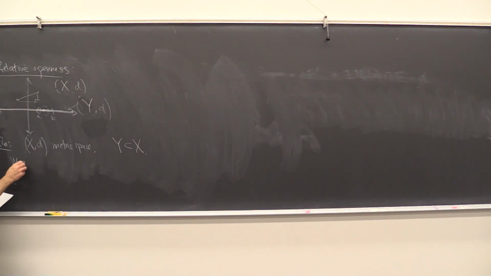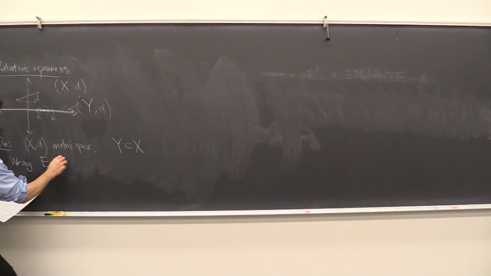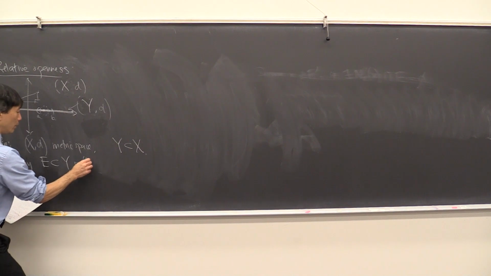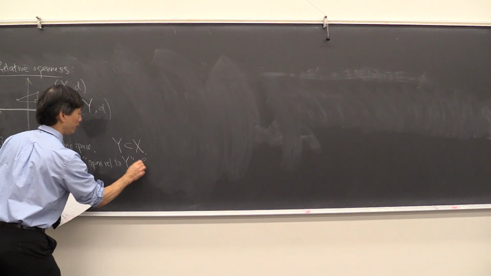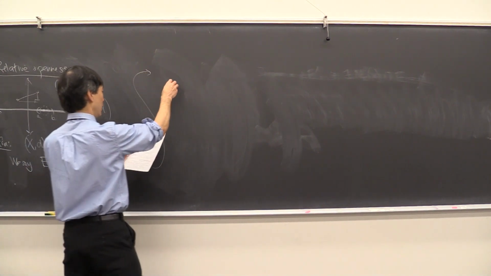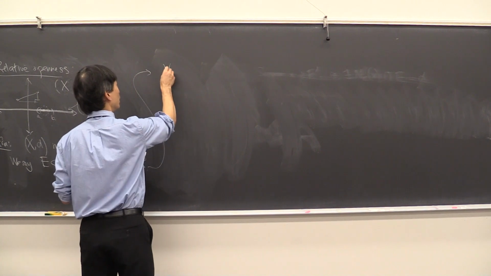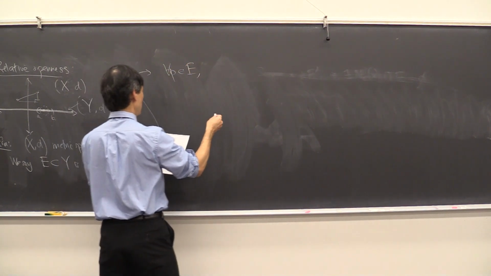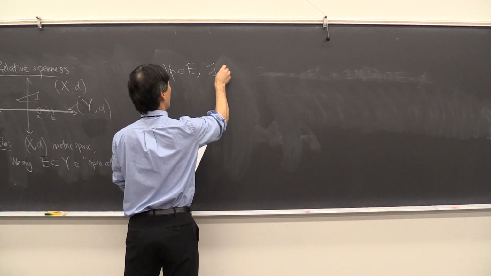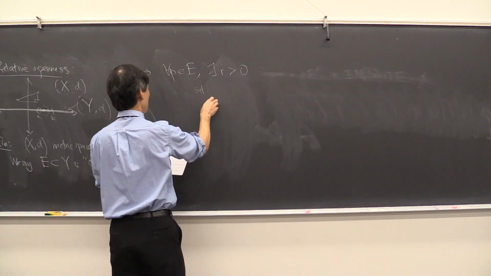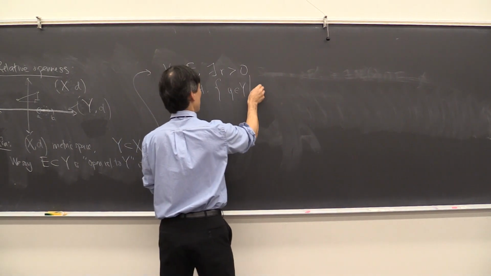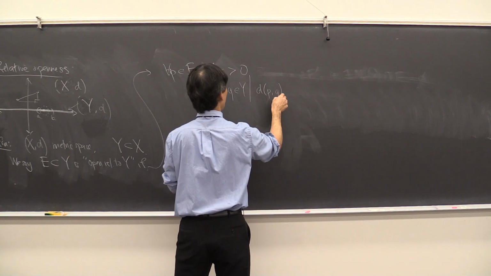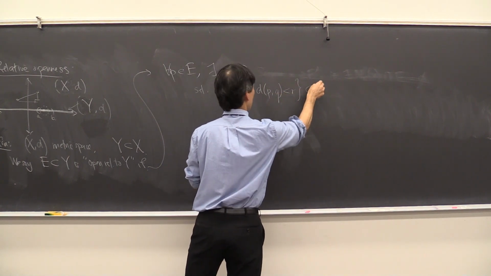We say the set E contained in Y is open relative to Y if for all points P in E there exists an r such that the points in Y whose distance from P is less than r are contained in E.